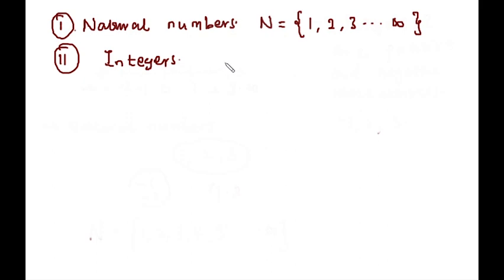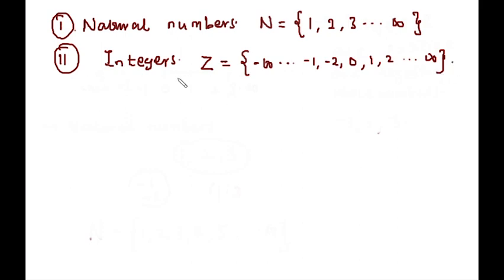So integers can be given as Z is equal to negative infinity, on to -1, -2, and then you have zero and 1 and 2, on to positive infinity.